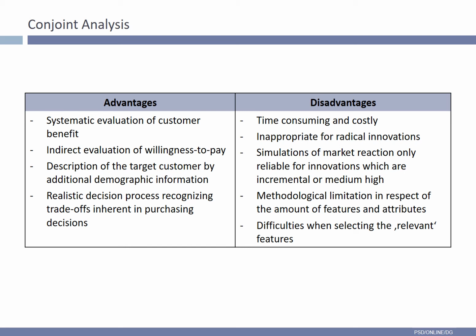Then we have a description of the target customer by additional demographic information. So if we do not only ask people to rate these kind of products and bring them into a rank order, but also ask them things about their income and household size and age and so on and so forth, we might even classify and segment the market and say, oh, there is a segment of customers that are, for instance, not so price sensitive, and they are characterized by a higher income level, living in an urban environment.